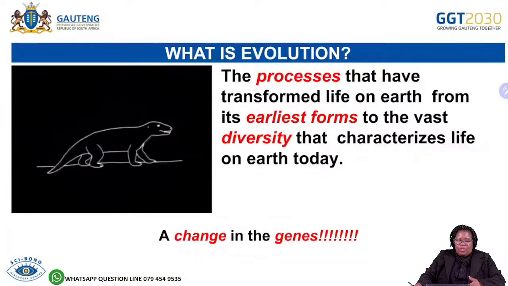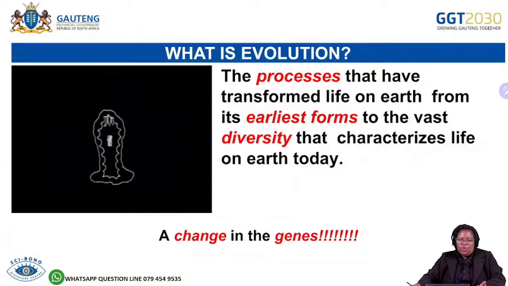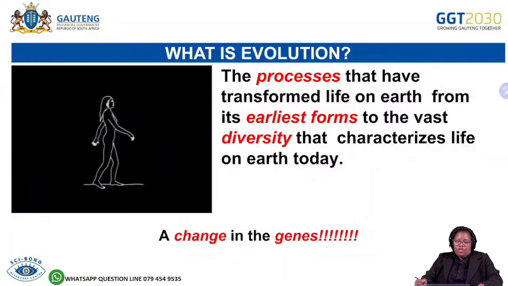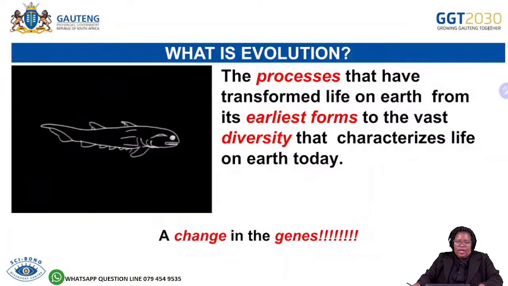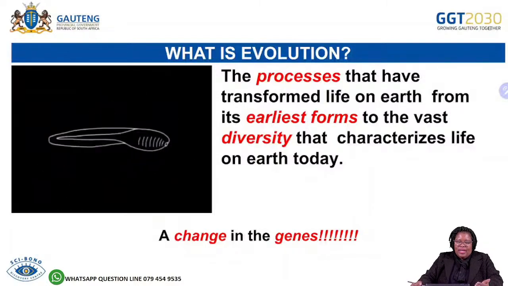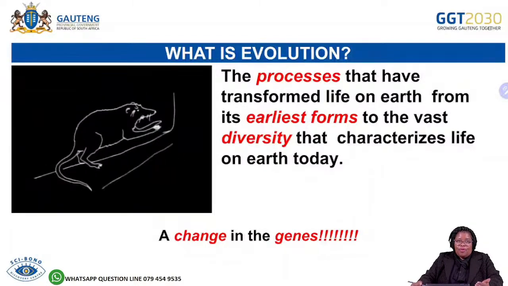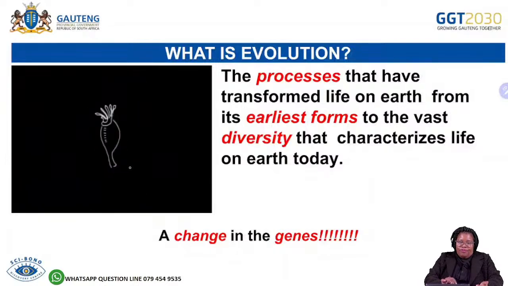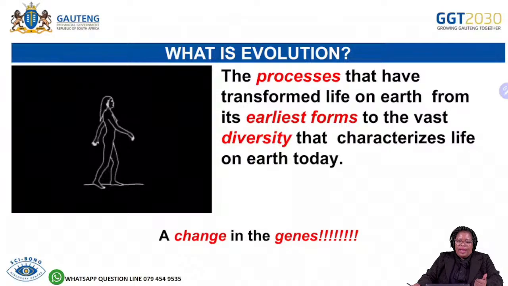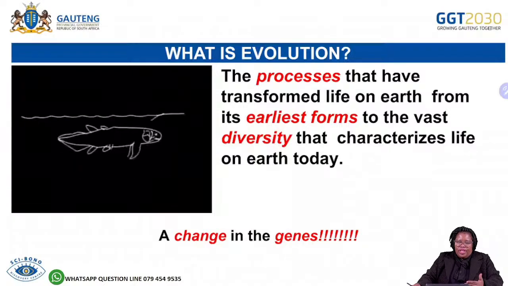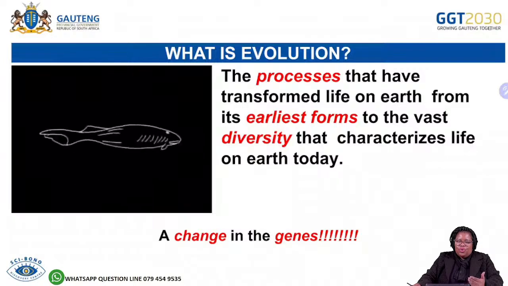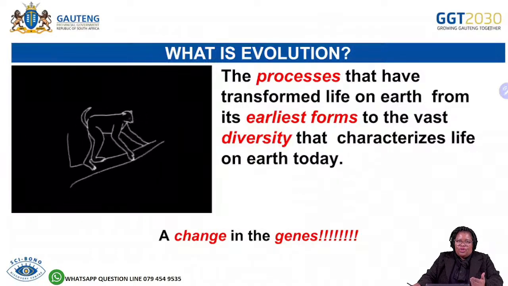I'm going to give you just a second to look at what could be the changes from the earliest form to the present times, so that we understand clearly what is evolution. Can you have a look at that? This is the earliest form, and then the end form is a human being. If you look at the changes seen in this formation, this is going to introduce you to the definition of evolution.